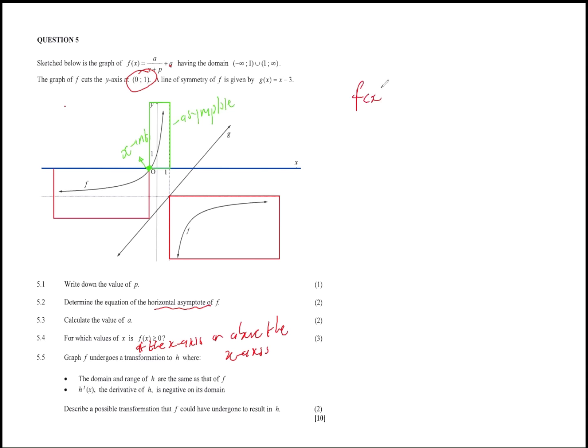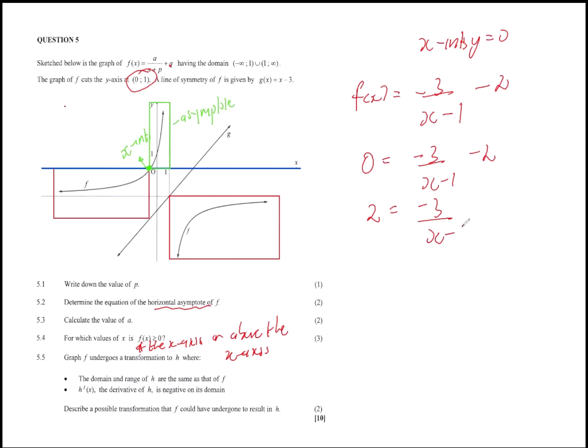So f of x is equal to -3 over x minus 1, then minus 2. So we are looking for the x-intercept. We make y 0. So 0 here, -3 over x minus 1, and then minus 2. And I take this minus 2 and transpose it over to this side. That's 2, and then -3 over x minus 1.